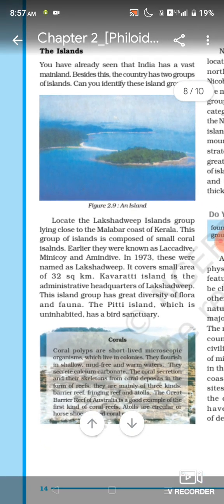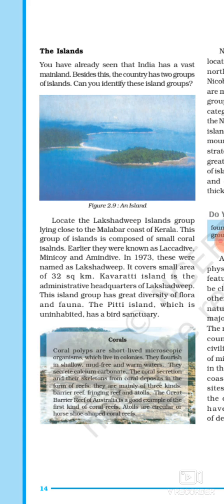And the last topic of this chapter is the islands. Basically, an island is a region geographically surrounded on all sides by water. In India, there are two groups of islands.